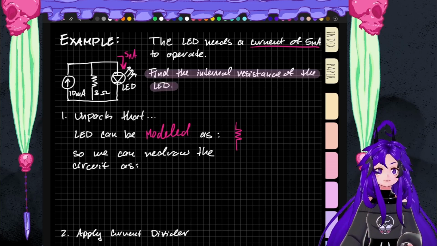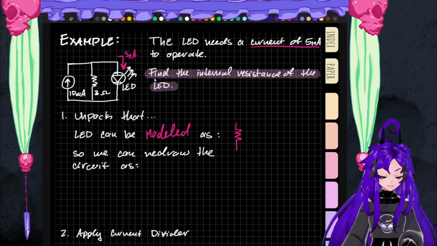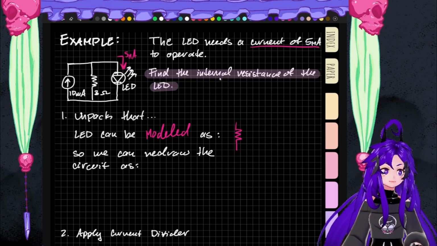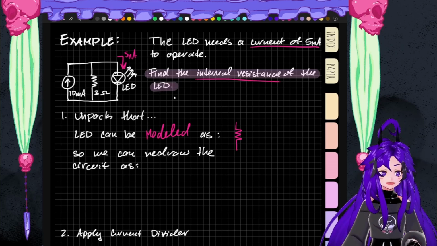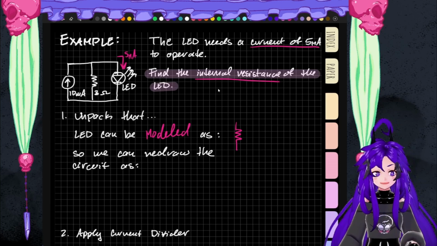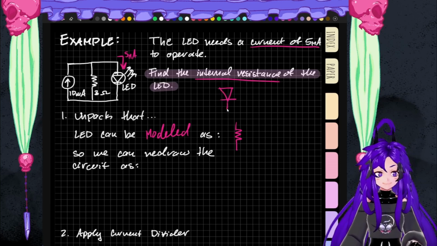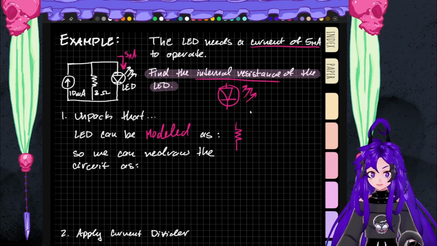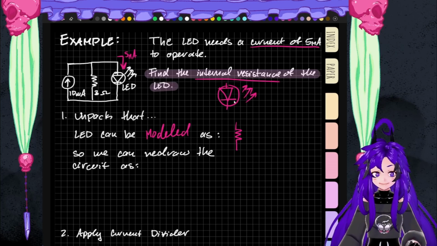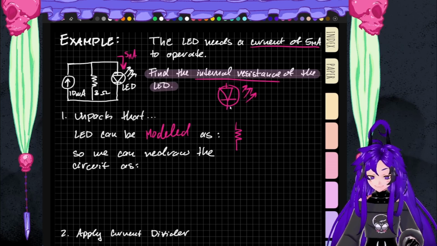So first of all, I forgot to read the problem statement. Find the internal resistance of the LED. So it's an encapsulated diode that emanates light, and it has resistance in there.